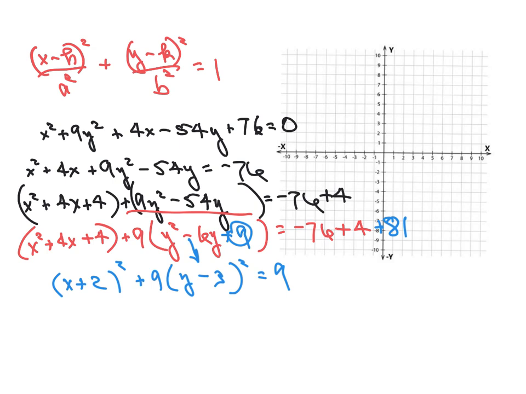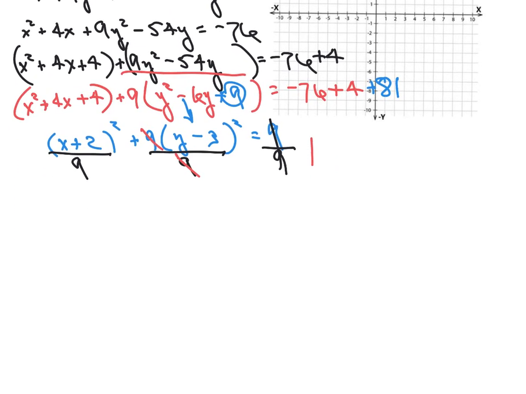Now, the next part is, remember, this 9 cannot be a 9 in our equation. Up here it has to be a 1. So remember, I have to multiply this by a 9, this by a 9, and this by a 9. And what happens here? 9 over 9 gives me 1. And I have a 9 over 9 there, so that goes away.